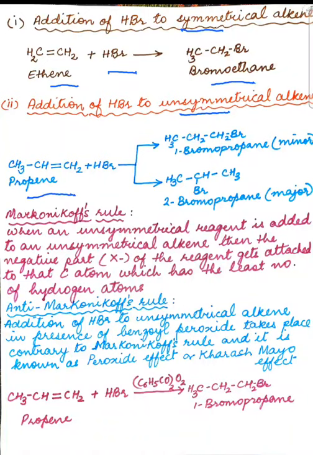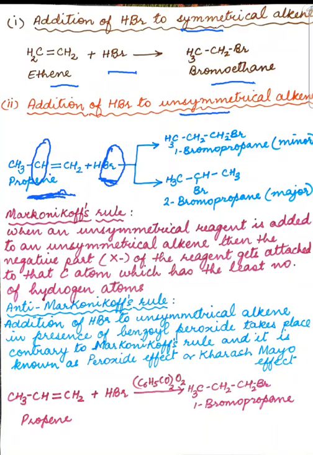Whenever an unsymmetrical reagent, that is HBr, adds to unsymmetrical alkene, that is propene, then the negative part of the adding agent, that is Br minus, it will get attached to that carbon atom of the alkene which has the lowest number of hydrogen atoms.